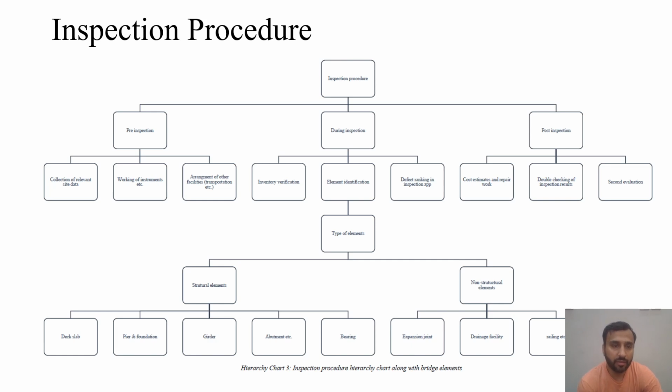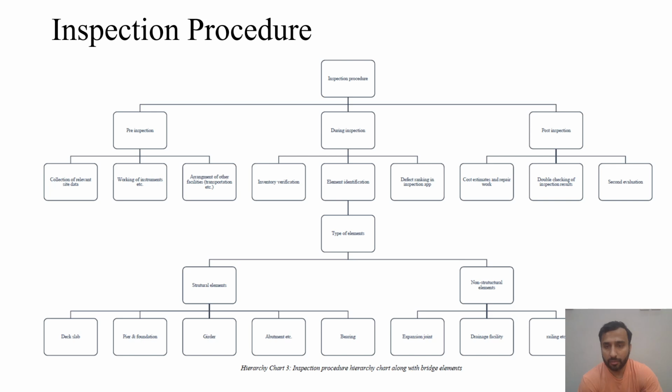For example, in the case of pre-inspection, you may need to collect the relevant data about the sites, like where the sites are located, and you need to plan your full-day activity, like when you will visit the first bridge, then the second, then the third, and so on.